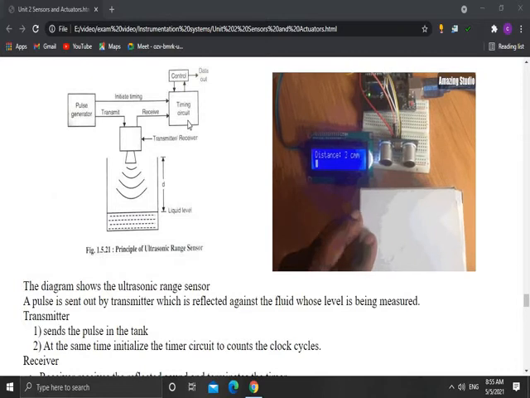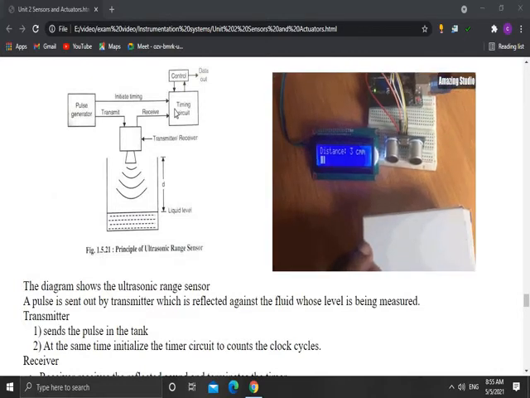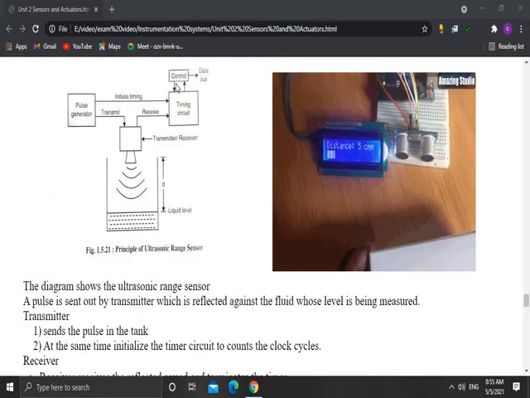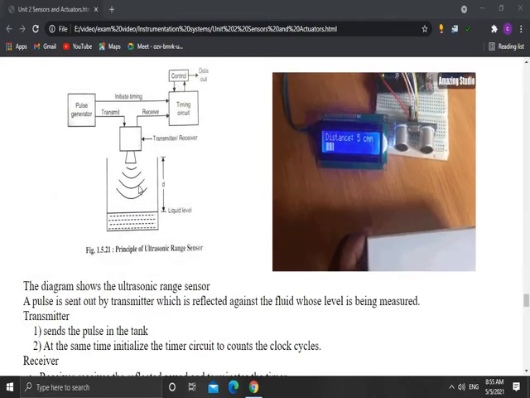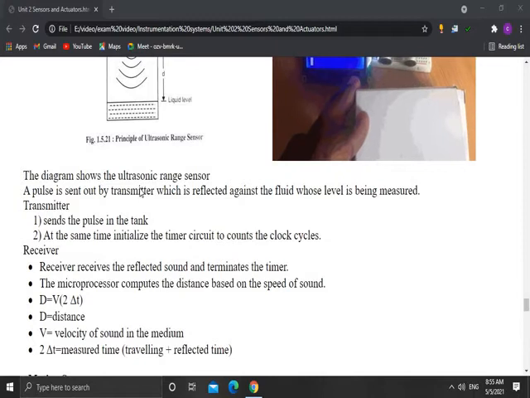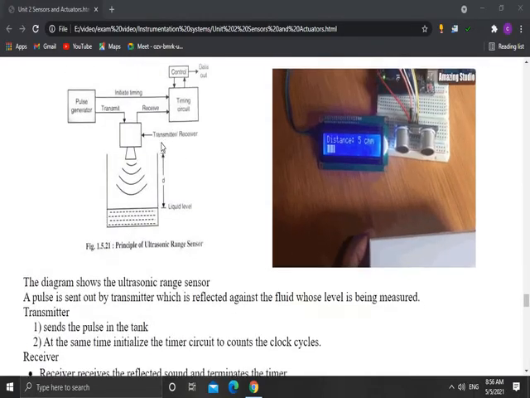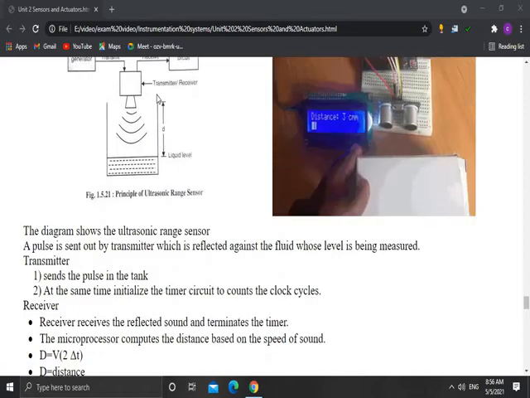The timing circuit sends the signal to the control unit, then the control unit finds out the distance based on the velocity of sound and time of traveling and time of reflecting the wave.